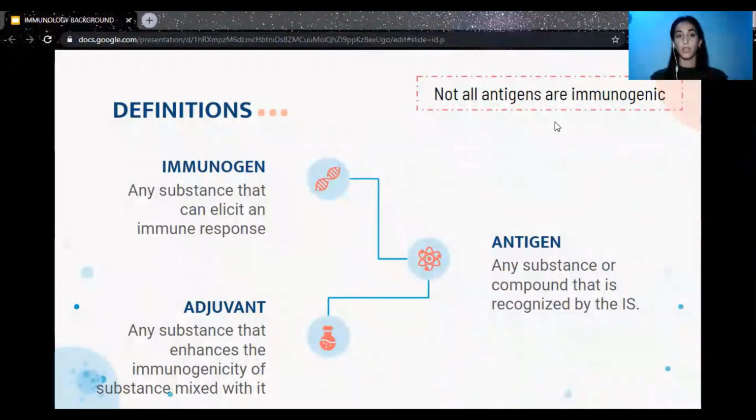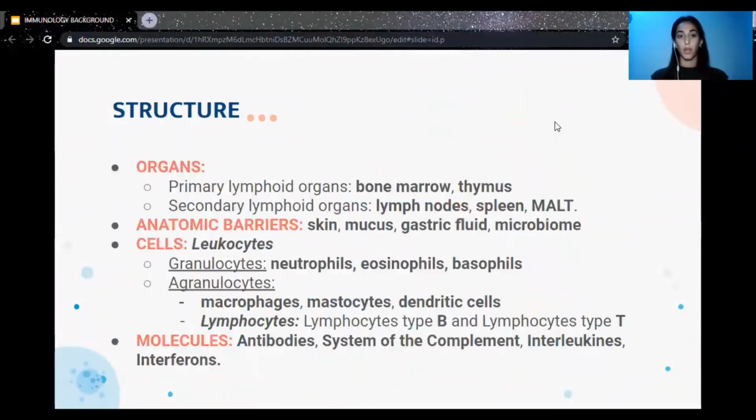An adjuvant is any substance that can enhance the immunogenicity of a substance mixed with it. These adjuvants can be biological components of the microorganism or can be chemical compounds. Especially some chemical compounds are going to be added to vaccines to enhance the immunogenicity of the antigen.